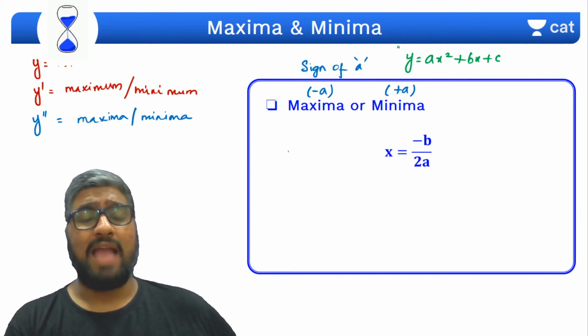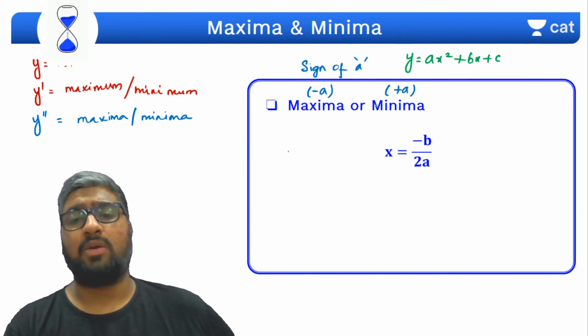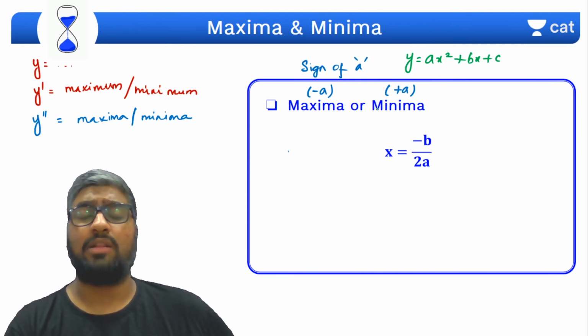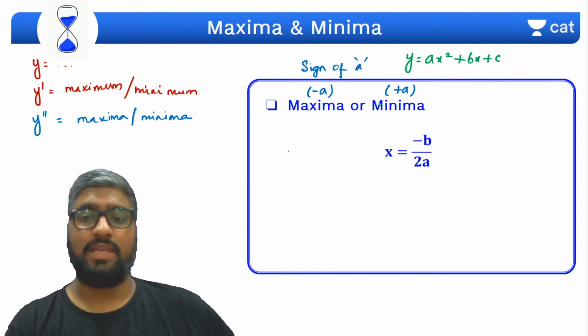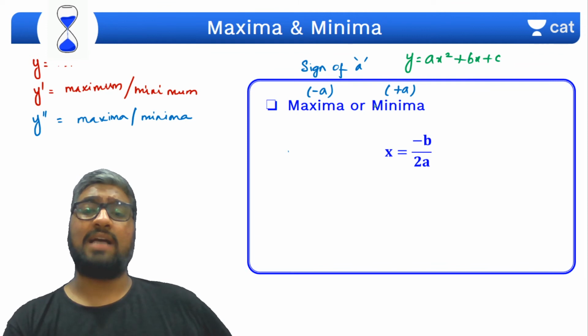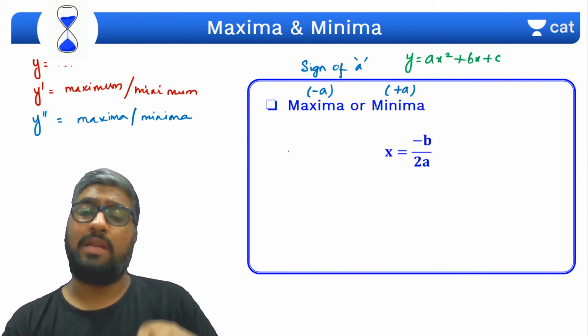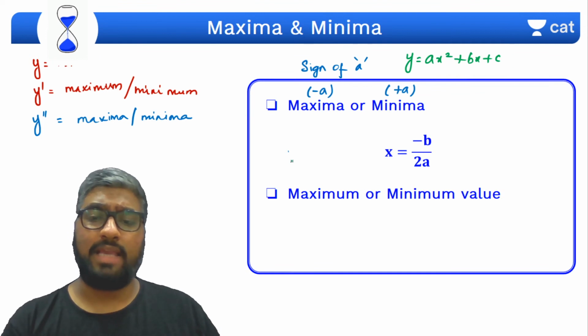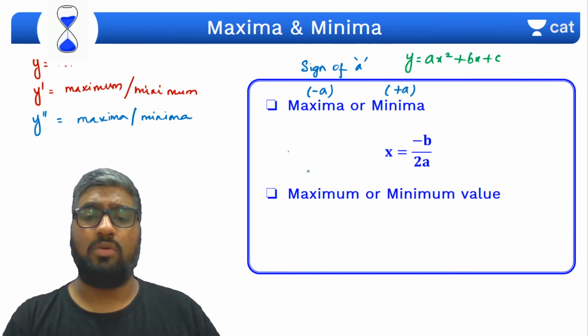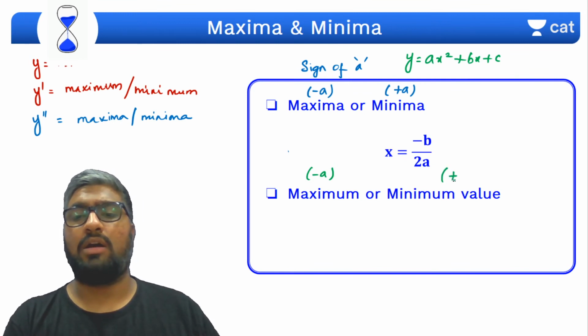And if a question is suggesting you to find out the maximum or the minimum value of a given expression, if they give you an expression and ask what would be the maximum or minimum value of the expression, then again, you will get a maximum value only for a negative a, and you would get a minimum value for a positive a.